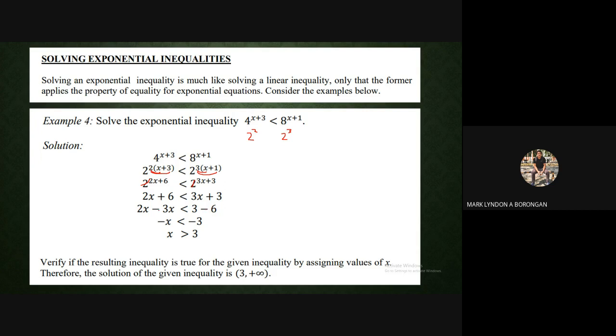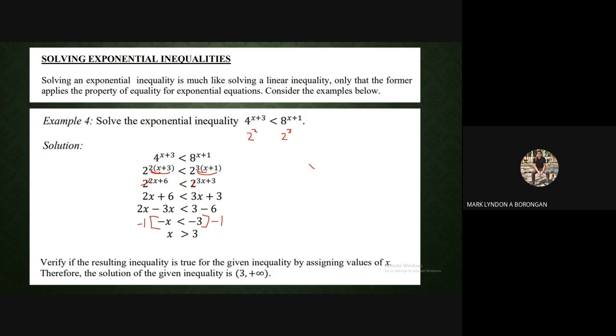Okay, since 2x minus 3x is equal to negative x, and 3 minus 6 is equal to negative 3, you can multiply both sides by negative 1. If you multiply by something with an opposite sign in a given inequality, then since it is an inequality and you multiply by a negative, the sign will change.